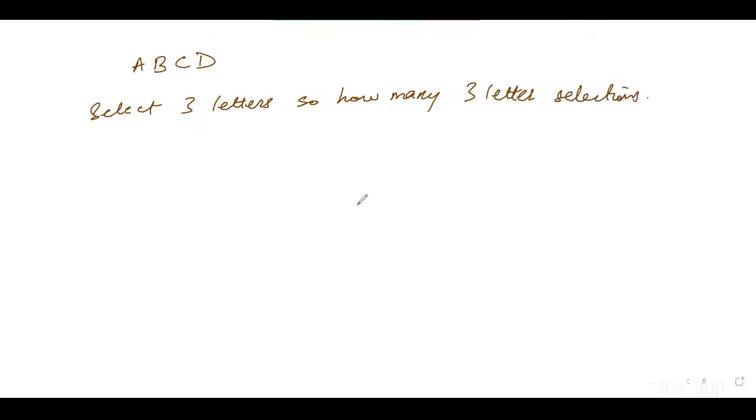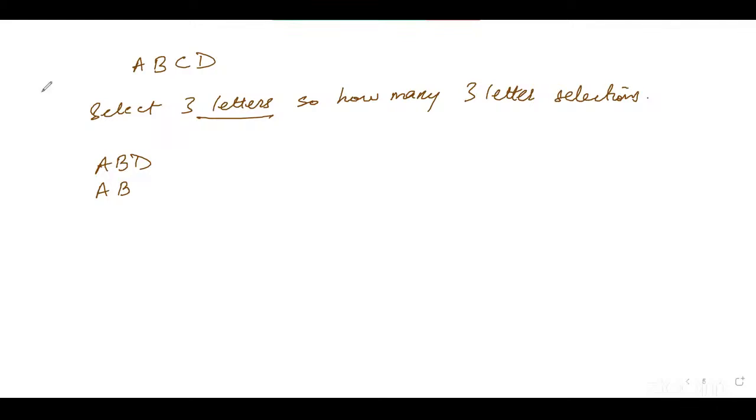I am giving you this example as to why we must say 2 factorial and not divide by 2. The reason being that suppose I take a 3-letter selection, suppose I take A, B and D, for example, then this A, B, D, I can write it down in 6 different ways.